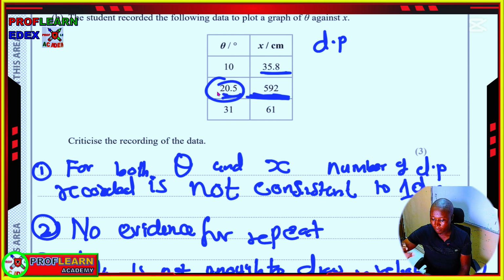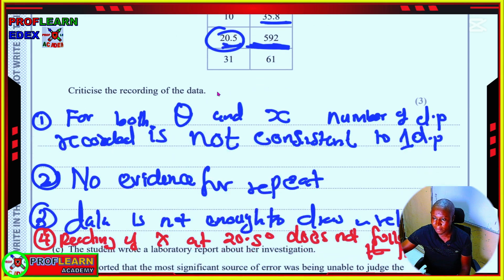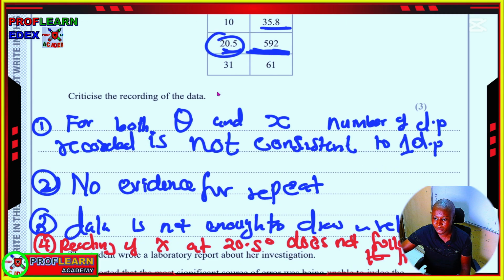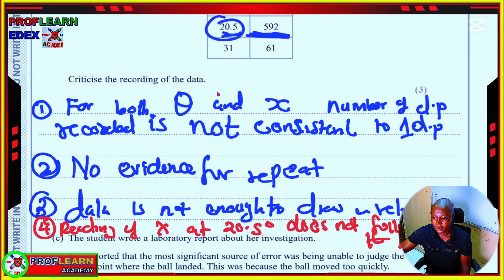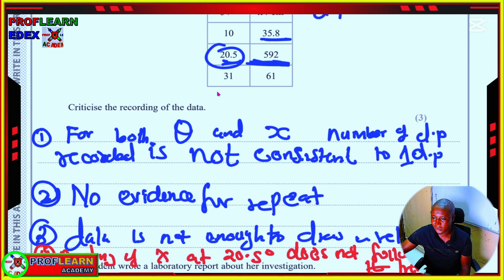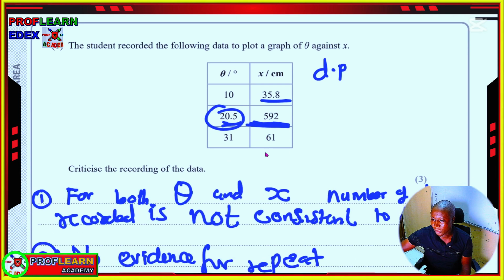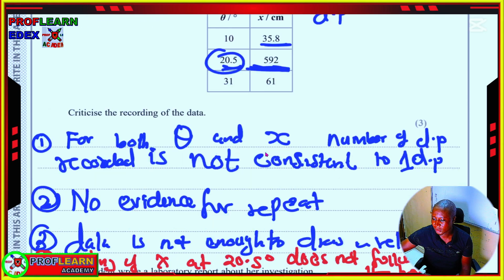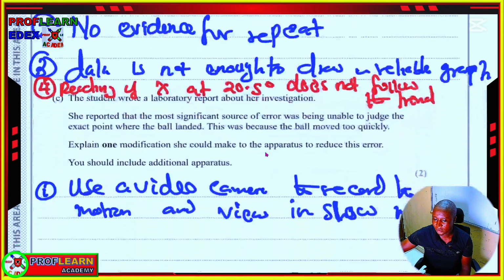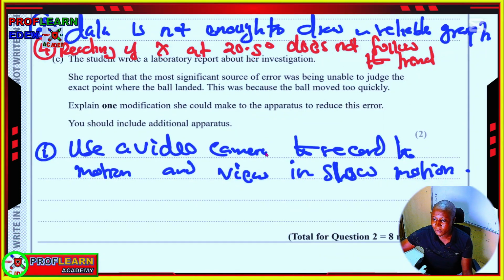So whenever you are criticizing, base your answer on the number of decimal places, evidence of repeats, and also the recording at 20.5 degrees, you see it's 592. Something's wrong there. So you look also at the consistency and the trend that is followed. Explain one modification to reduce the error.